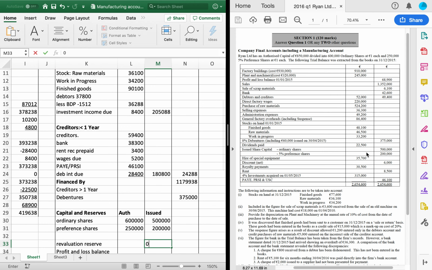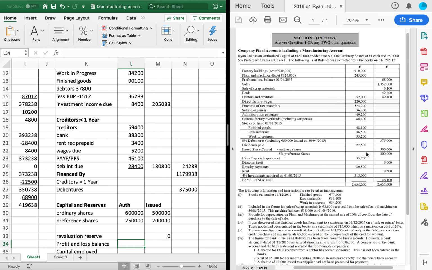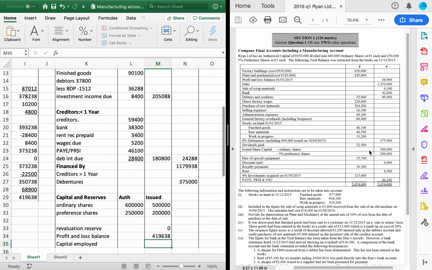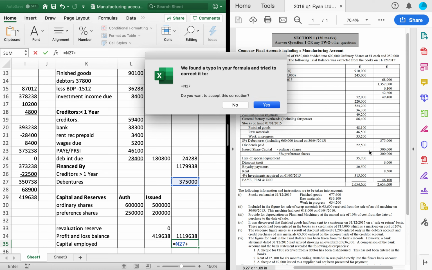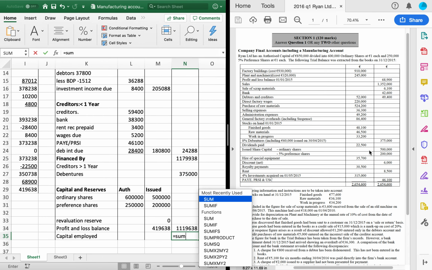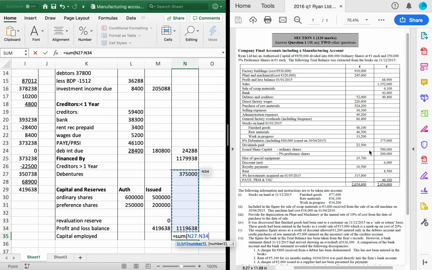There was no revaluation reserve. Normally there is actually. Your profit and loss balance 419,638. So hopefully we add those together. They add up to 1,4. I've gone wrong there somewhere.